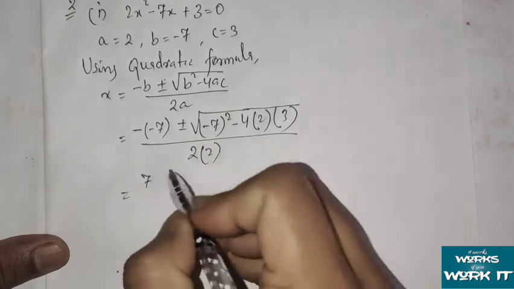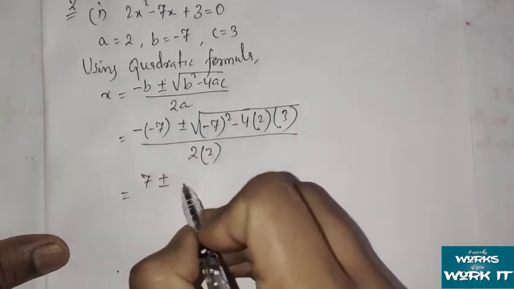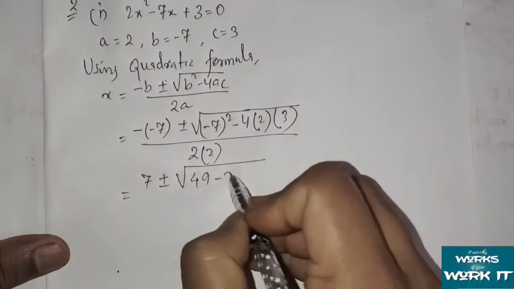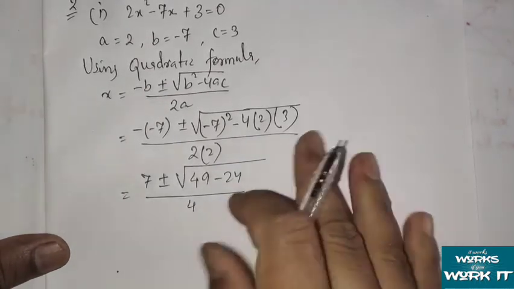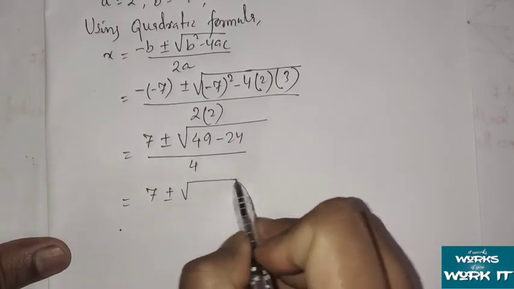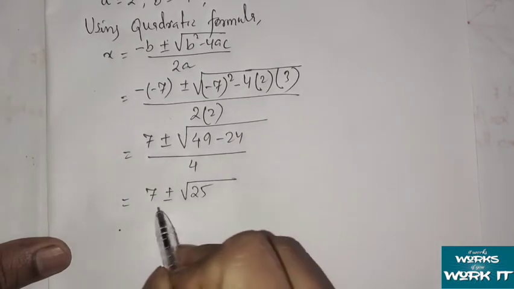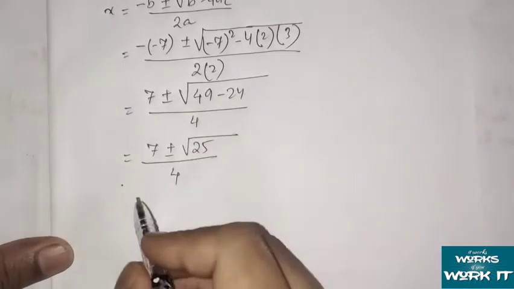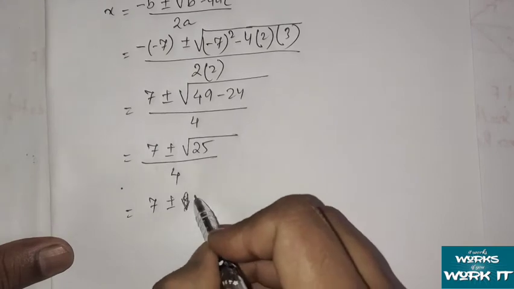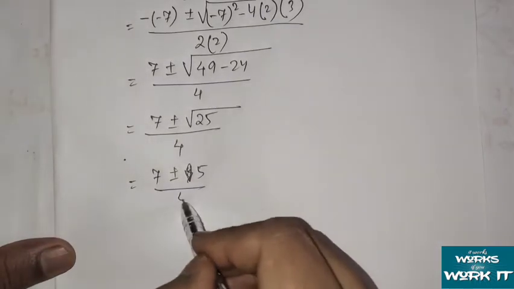So it will be 7 plus minus root 49 minus 4 into 2, 8, 8 into 3, 24, divided by 4. So next will be 7 plus minus root 49 minus 24, it is 25, by 4. Next 7 plus minus root 25 will give us the value 5 by 4.